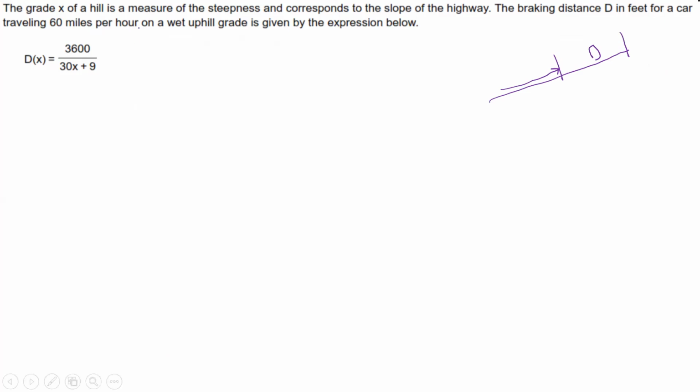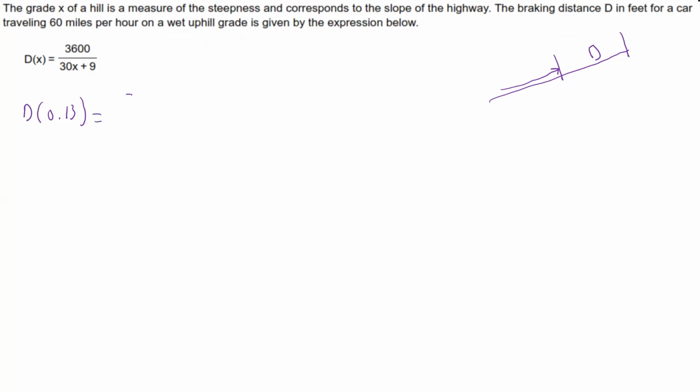It doesn't actually show it here because I forgot to copy those pieces, but it wants to know D at 0.13. So when the grade is 13%, what is our value?